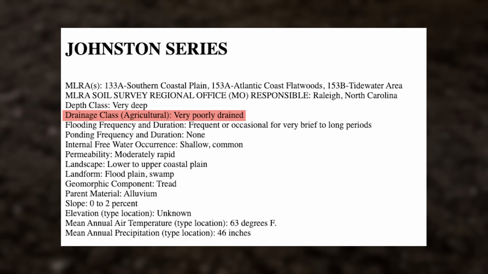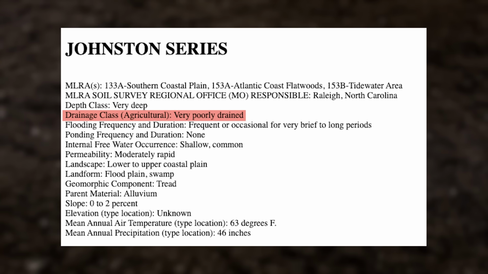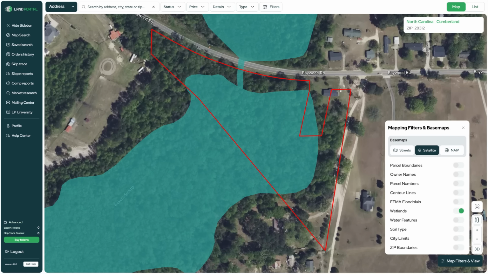Very poorly drained soil. In fact, when you expose the wetlands filter on this map, you see that it's also wetlands. Now, not all bad soil is wetlands, but when it comes to installing septic, all wetlands is bad soil because the high water table prevents the subsurface soil and the drain field from actually draining the wastewater through the natural soil conditions of the property. So the high water table is just a showstopper for septic.